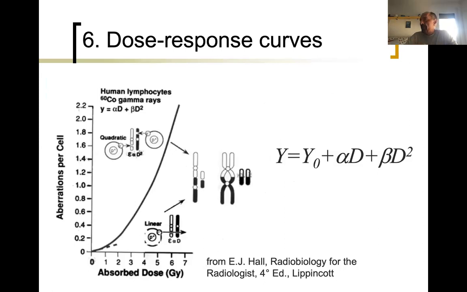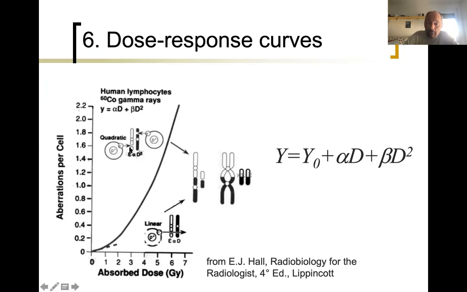Now, how is the dose response curve? We already saw this when we talked about microdosimetry, that everything can be reduced to the linear quadratic theory. And this is very clear for the formation of chromosomal aberrations. To form a dicentric, you have two possibilities. Either the same electron or the same ion makes two breaks in two different chromosomes, and this is proportional to the dose.